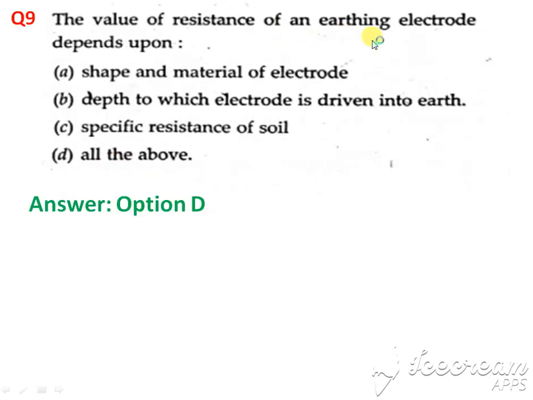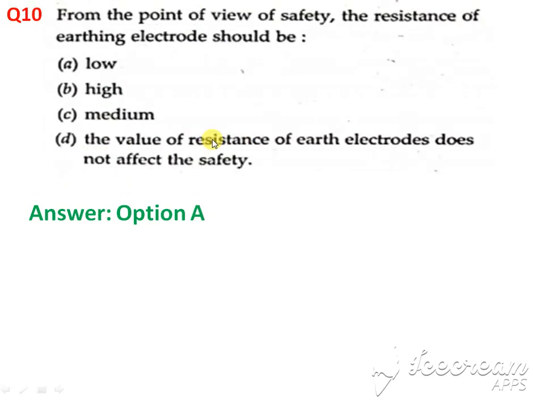Value of resistance of earthing electrode depends upon, option A, size and material of electrode, B, depth to which electrode is driven into earth, option C, specific resistance of soil, option D, all the above. The correct answer is all the above. Resistance value depends on these three parameters.